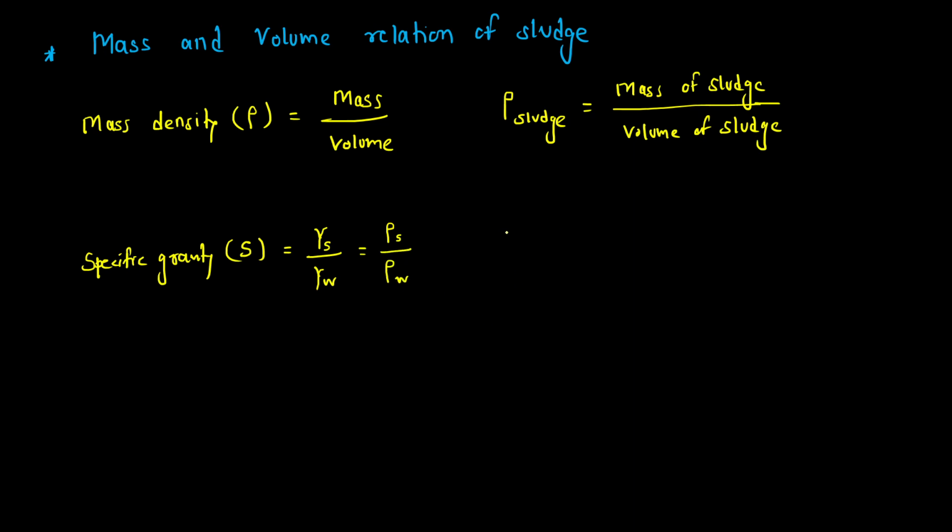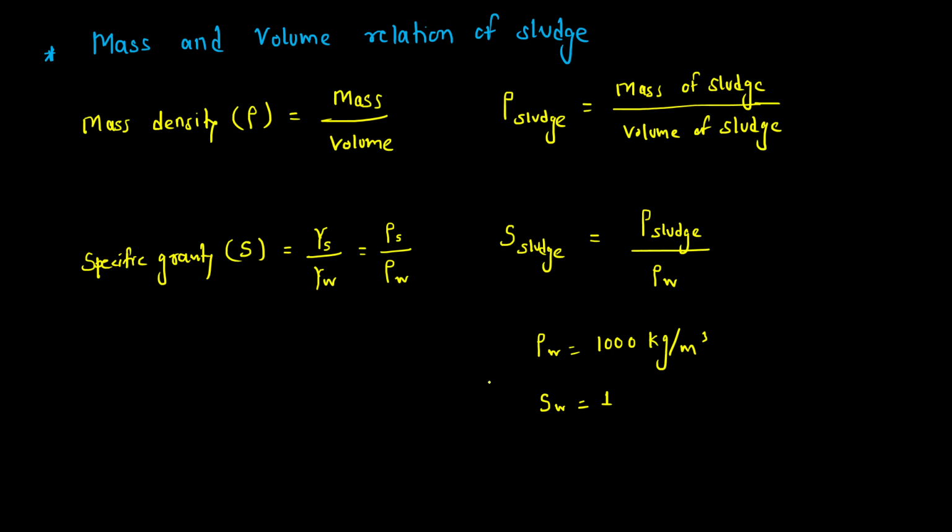So the specific gravity of sludge will be the mass density of sludge divided by the mass density of water. The mass density of water is a constant value, 1000 kg per meter cube. What is the specific gravity of water? The specific gravity of water is 1. So these are the things that we should know.